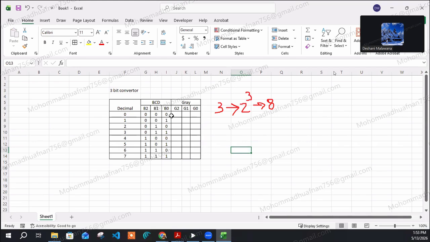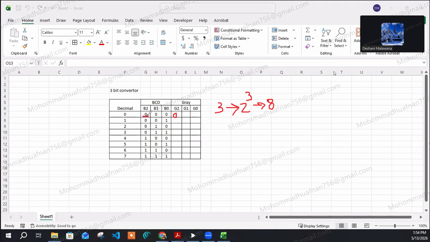Now, what is gray code? We already know that if we are going to convert binary code into gray code, the first digit should stay the same. This one comes the same way to this place. So 0.